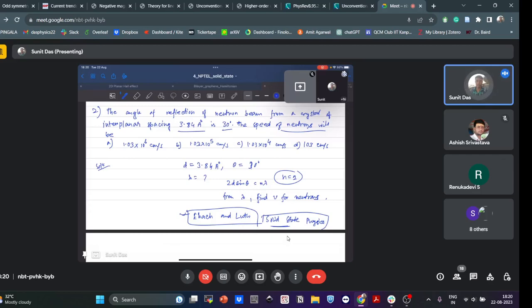Sir, once again, can you repeat the author's name? Ibach and Luth, Solid State Physics by Ibach and Luth. Sir, is that available in PDF format? This is a foreign author, it is available online.